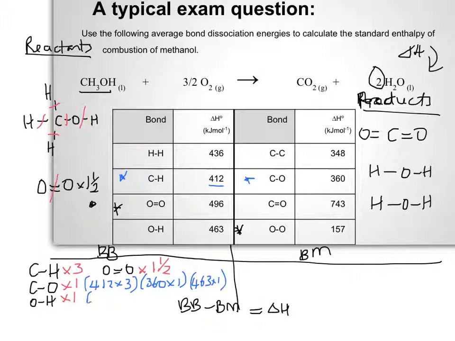And the O to O bond is 496. It's the double bond one that we're after. 496 times 1.5. So we can throw that in our calculator, and the total should be 2,803.